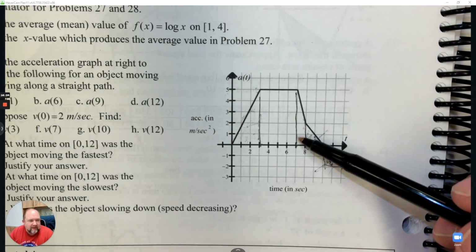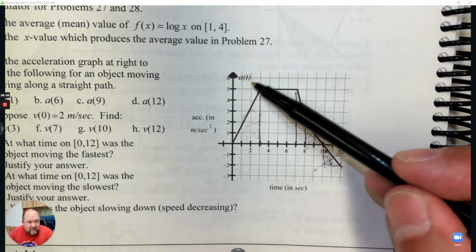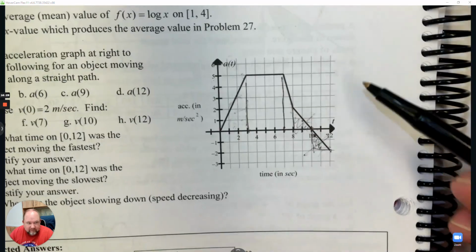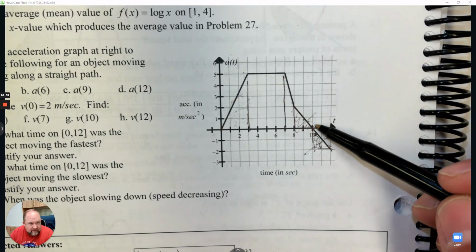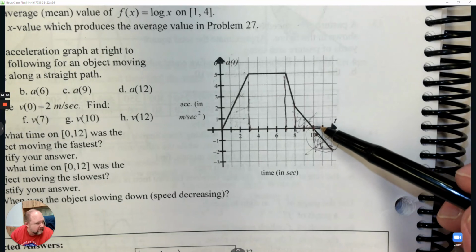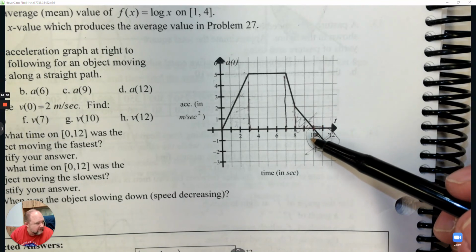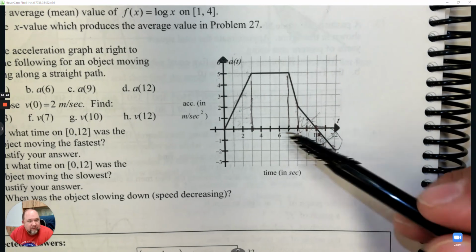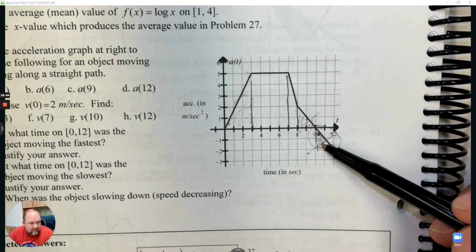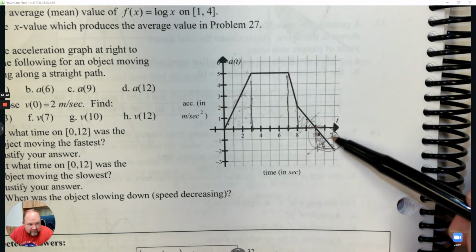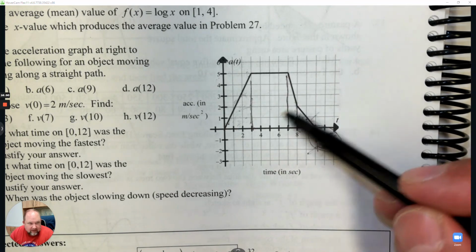Oh, wait a second. Let me think it through again. Because it's an acceleration graph, everything above is positive. So when I look here, acceleration is negative. But when I find the total area up to 12, from 10 to 12, the velocity is still positive because we have more positive area than below.